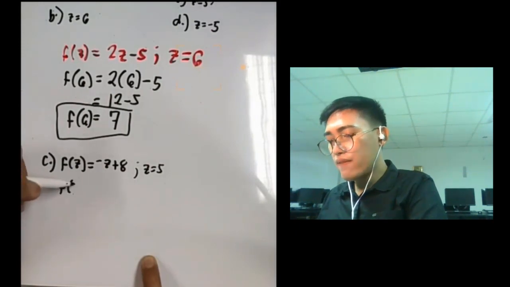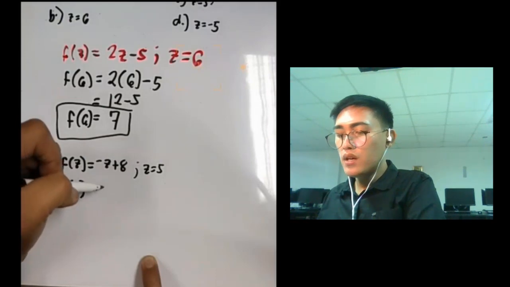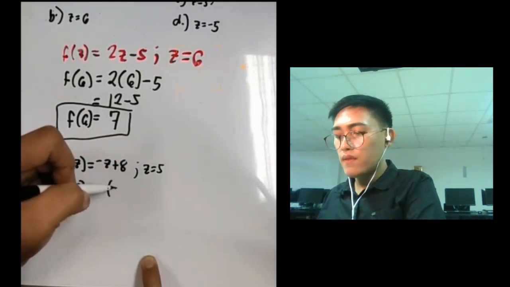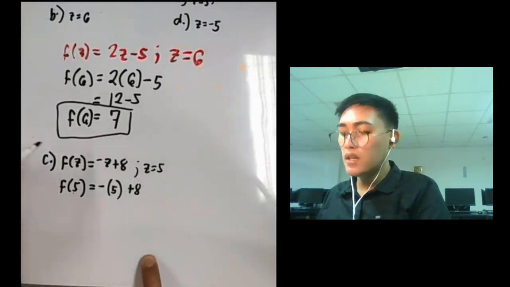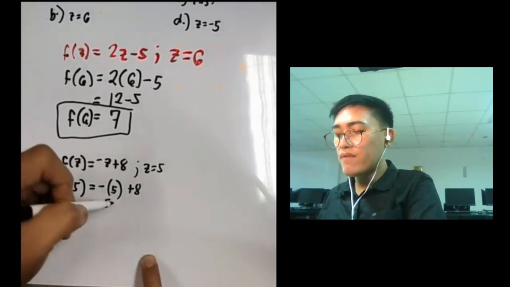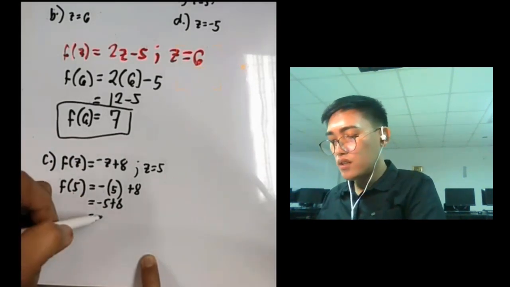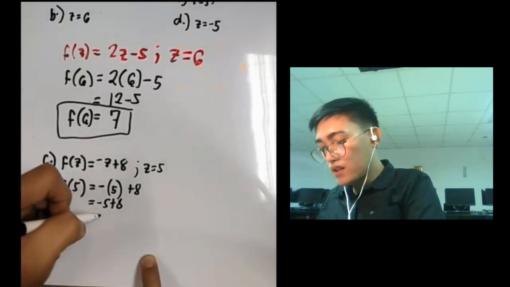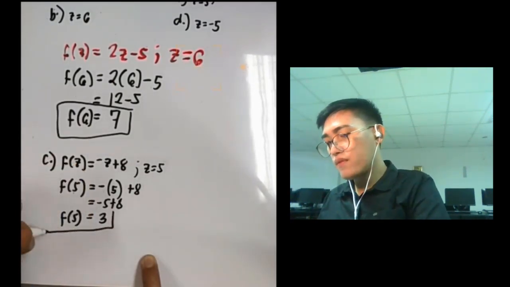Substitute f, the quantity of 5 is equal to negative, substitute 5 plus 8, then negative 5 plus 8 is positive 3. So f of 5 now is positive 3.